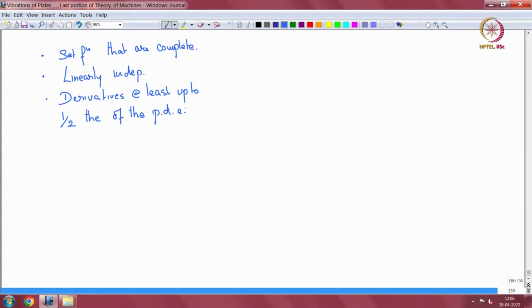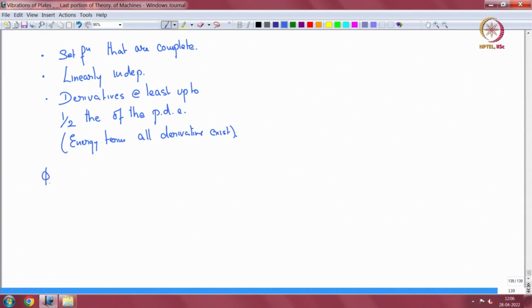That means in the energy term all derivatives must exist, and they present this set of functions.